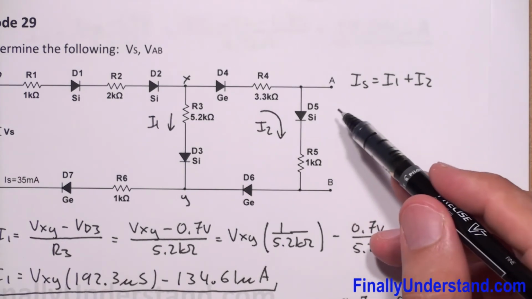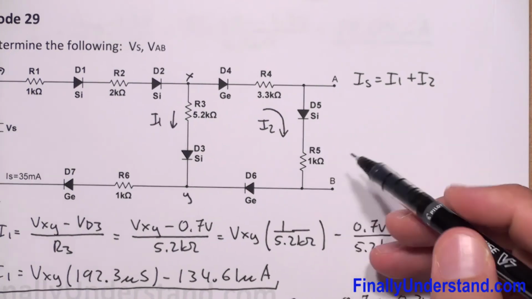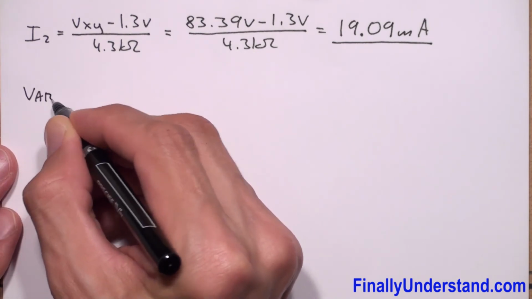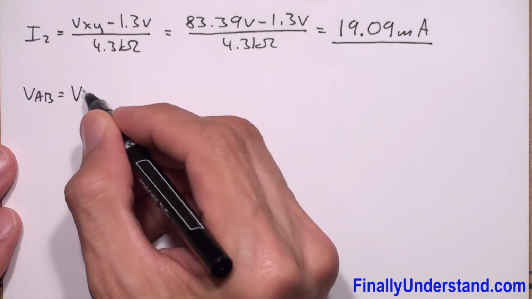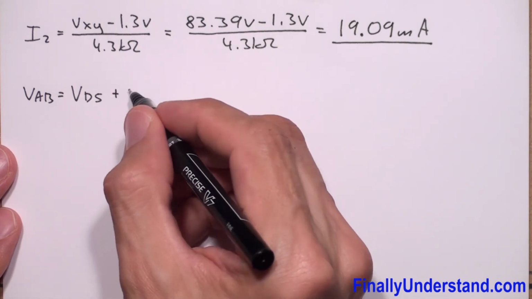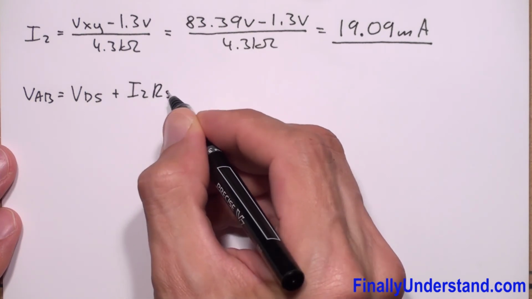So now if I want to find the voltage VAB, VAB is simply the sum of the voltage drops across these two components. I can say that VAB is equal to VD5 plus I2 times R5.